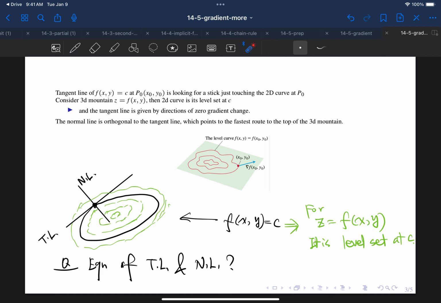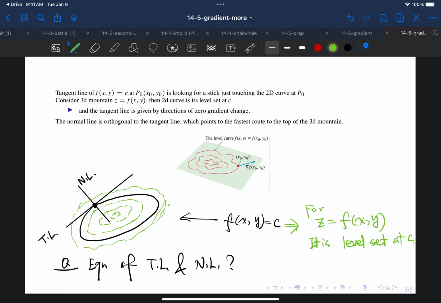In the previous section, we talked about the gradient, and we also talked about how when you're moving in the gradient direction, you're moving to the top of the mountain as fast as you can, in the fastest route, which is exactly the normal line.